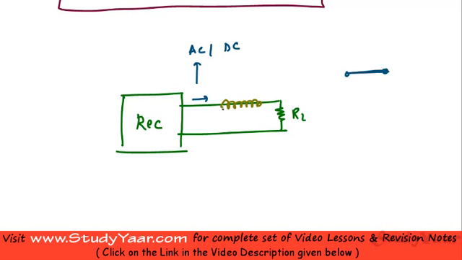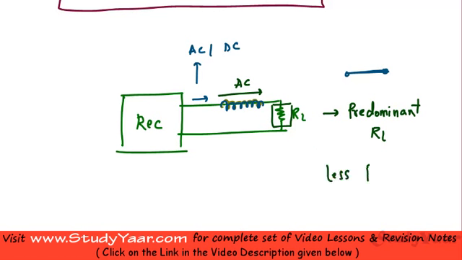The presence of the inductor would allow your DC components to pass through, but your AC components would be blocked or resisted. So the components received across your load resistor would be predominantly DC. What you get at your load resistor is a voltage which is less pulsating than what you have given as input.